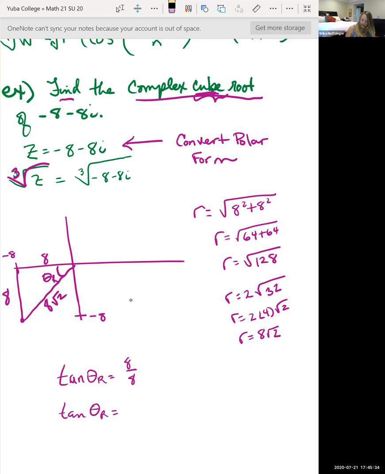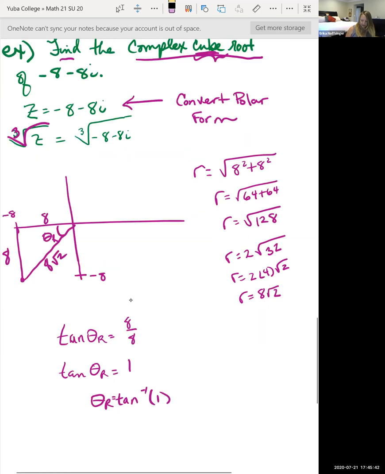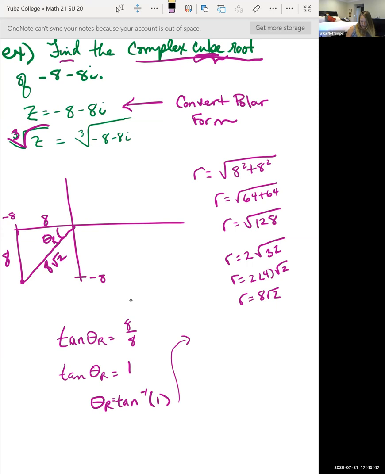And so you're trying to think about what value of tan gives you 1. And that would be 45 degrees, or pi fourths.